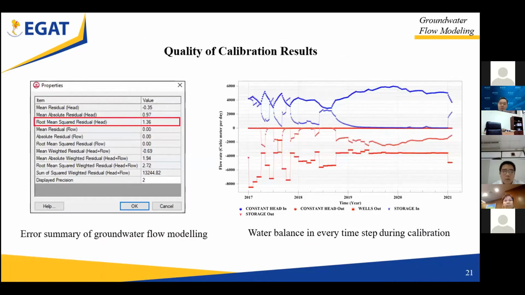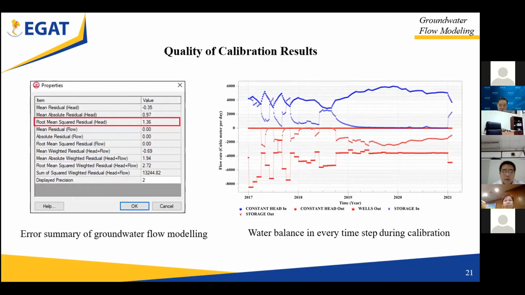And the root mean square error between measured groundwater head from 10 observation wells and computed groundwater head in the calibration time for the final calculation is 1.36, shown in the left picture. This leads to an accuracy of about 98%.